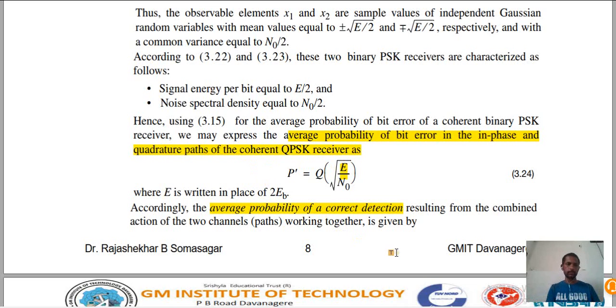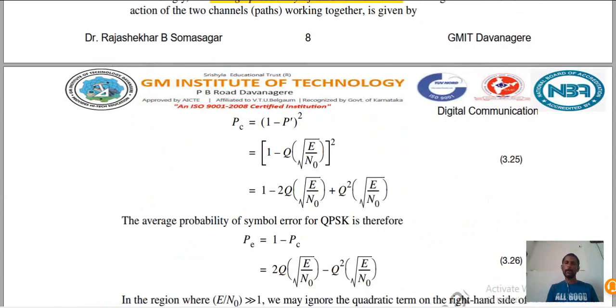Accordingly, the average probability of correct detection of the two channel paths working together is given by the probability of correct detection PC equals 1 minus the average probability of error in the in-phase and quadrature paths, that is, P dash whole square, equal to 1 minus Q of square root of E by N naught, whole square.